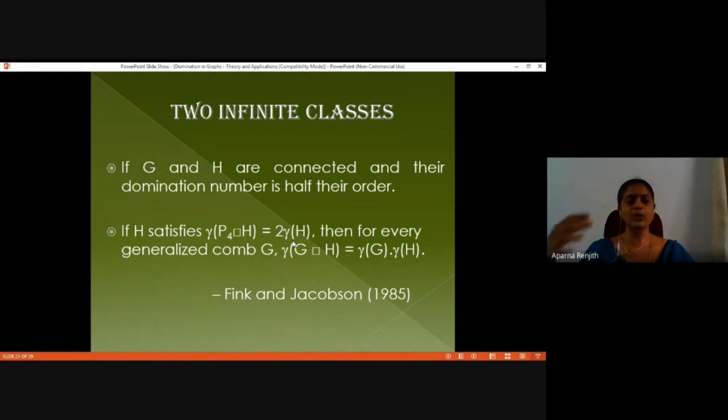For these two infinite classes, it was proved in 1985 that equality holds in Vizing's conjecture. So there are infinitely many graphs for which the equality holds, but the characterization problem, that is, find all graphs G and H for which such an equality holds, is still an open problem and calls for research.